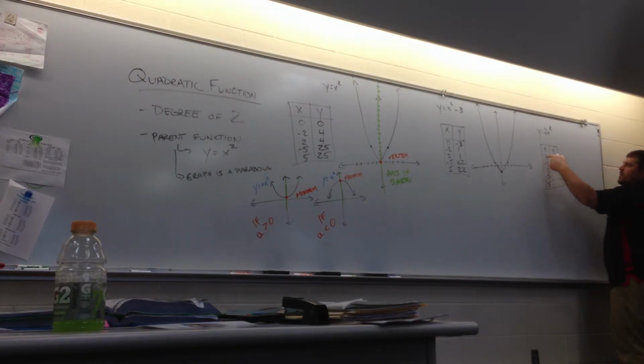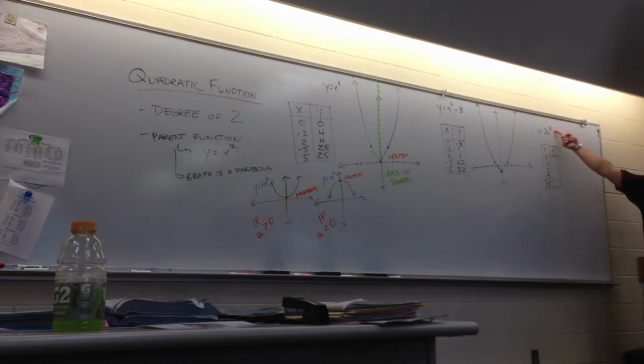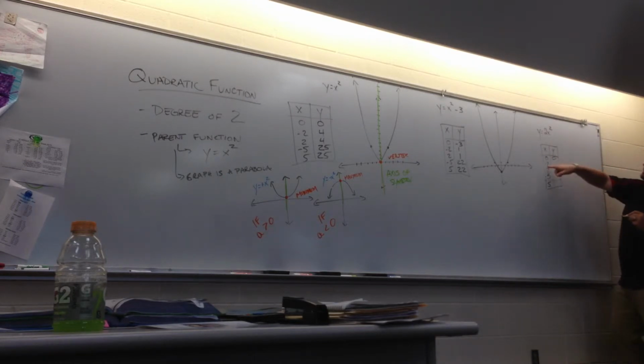So when I put 0 in there, 0 squared is 0, 2 times 0 is 0. Negative 2. Negative 2 squared is 4, 4 times 2 is 8. 2 squared is 4, 4 times 2 is 8. Negative 5 squared is 25, 25 times 2 is 50. 5 squared is 25, 25 times 2 is 50.